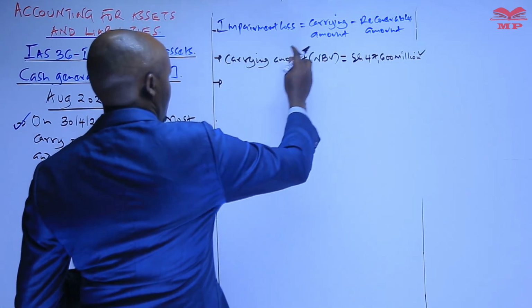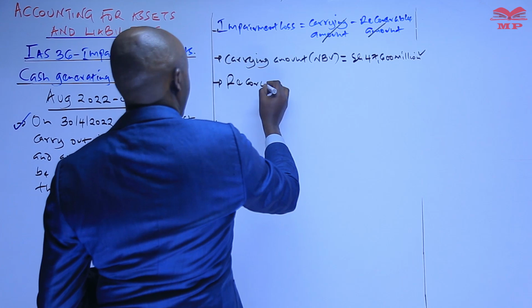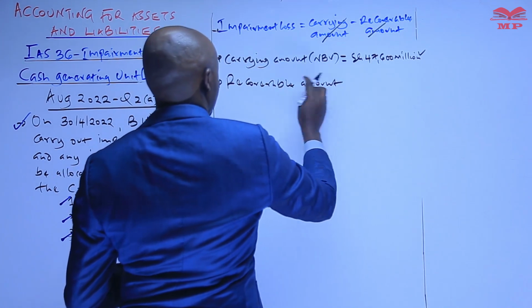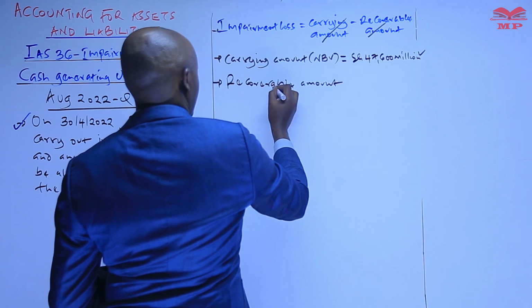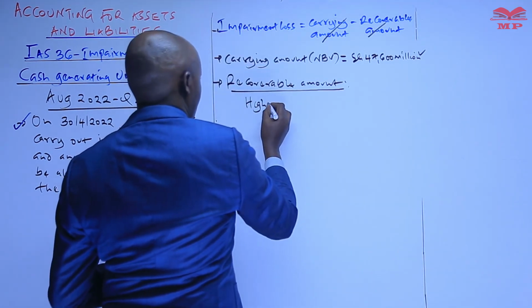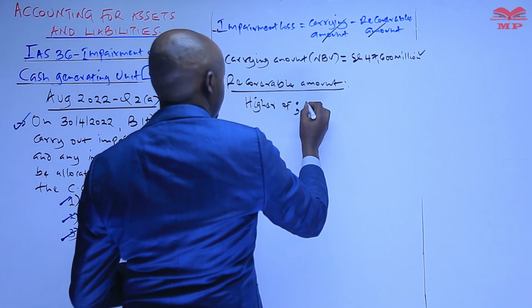Then we need next to determine the recoverable amount. And the recoverable amount, we have said that this is taken to be the higher of two values.